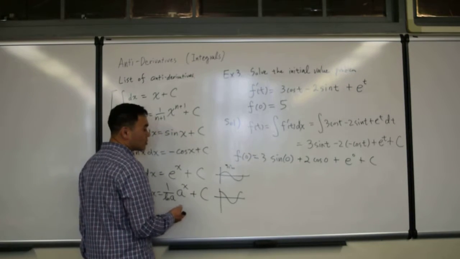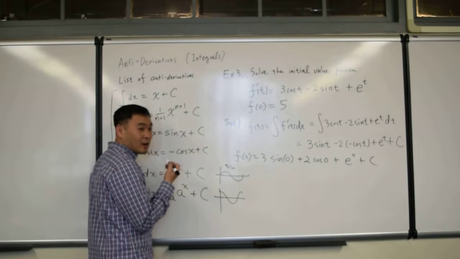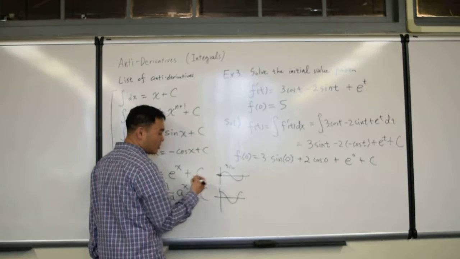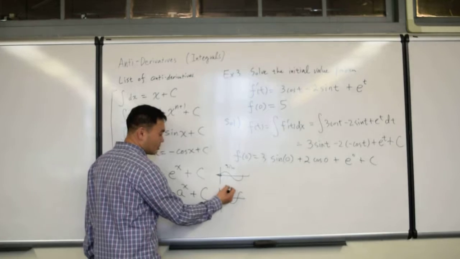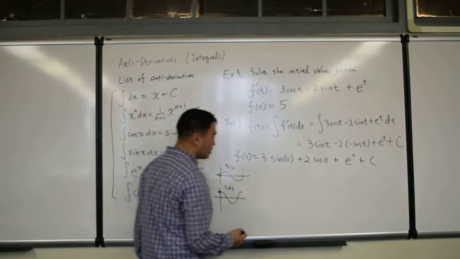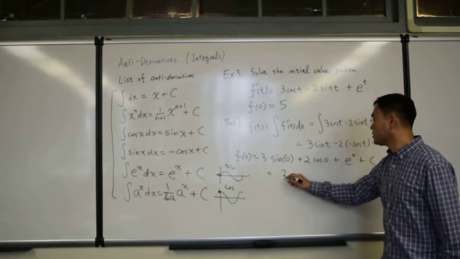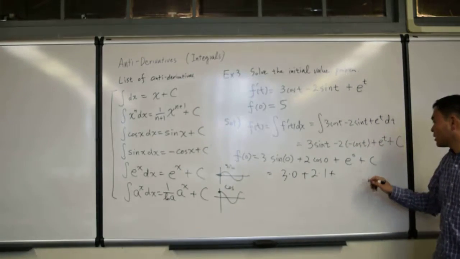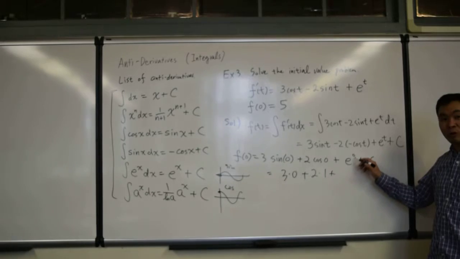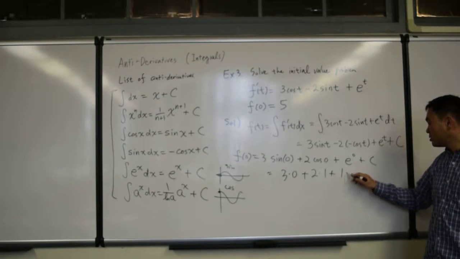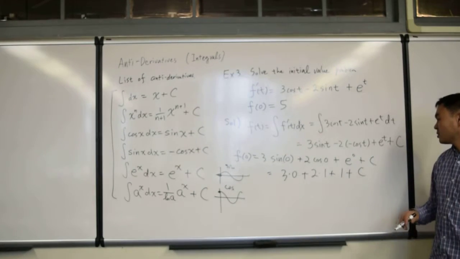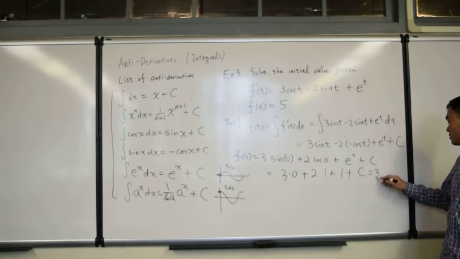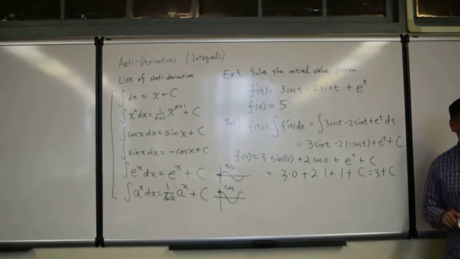So sine of 0 is 0. Cosine of 0 is 1. So this is 0, 2 times 1, and anything to the 0th power is 1. So you get 3 plus c as f of 0.